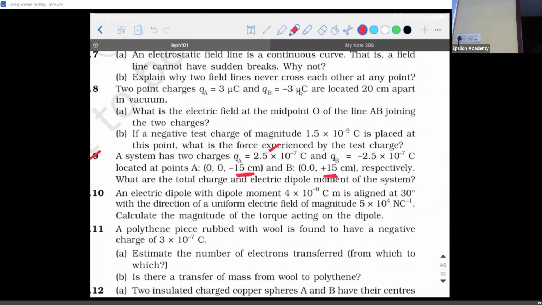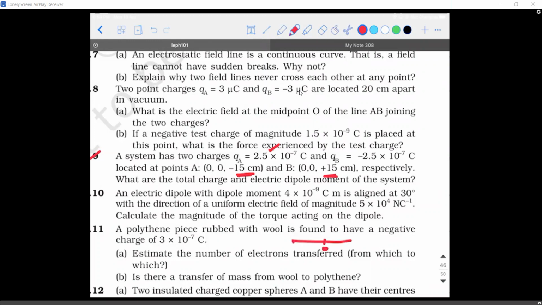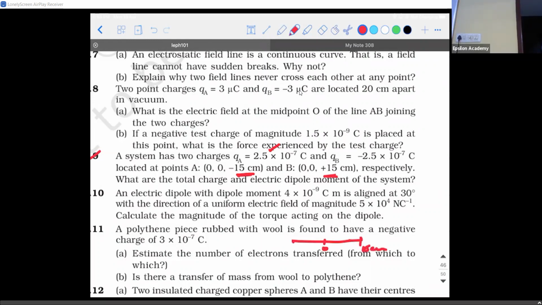What is the distance of separation between them? If I take this as the origin, 15 centimeter on the right and 15 on the left, it is 30. So is the answer 30?